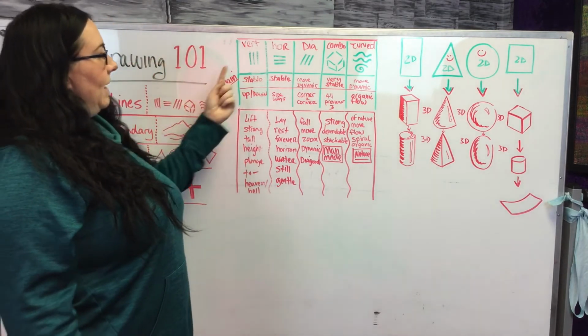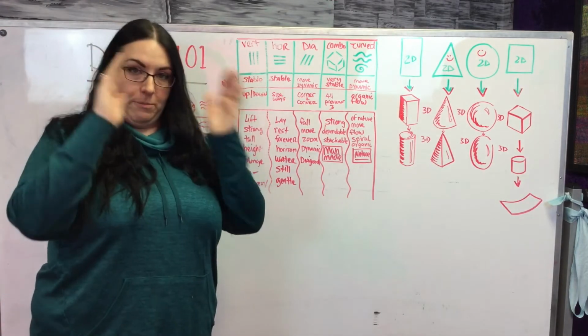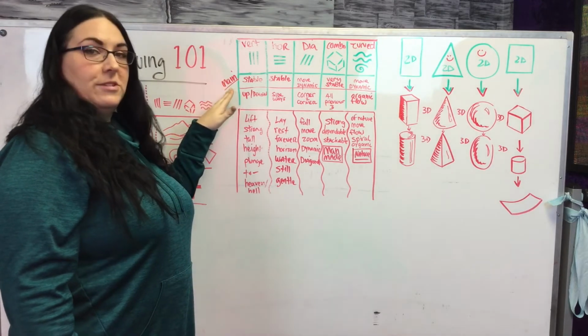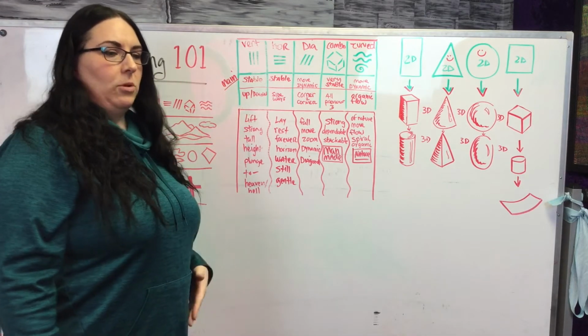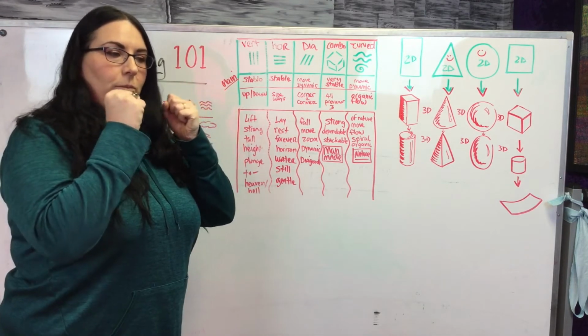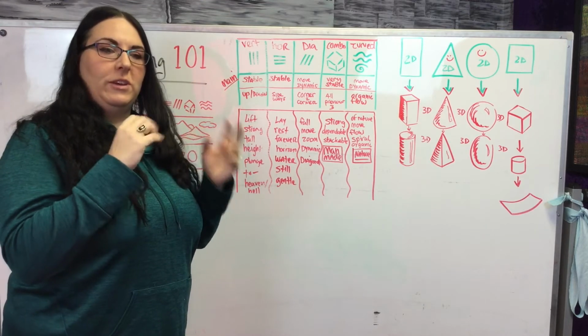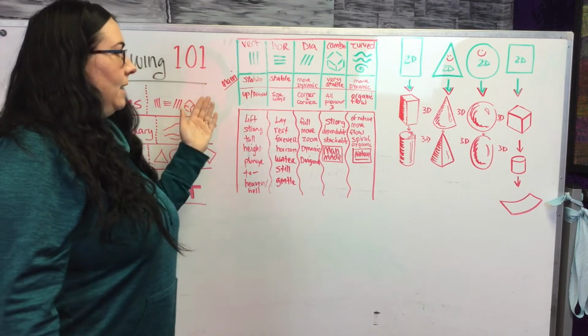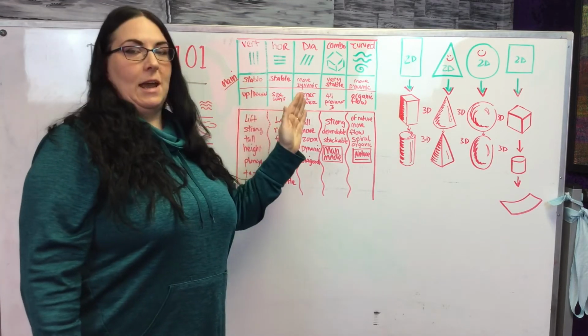Now, the first type of lines, vertical lines, are lines that go straight up and down. Those lines are thought of as stable. And when I say stable, I mean they feel mentally comfortable. You don't feel like they're going to change up on you. So we've divided our lines into stable or dynamic.